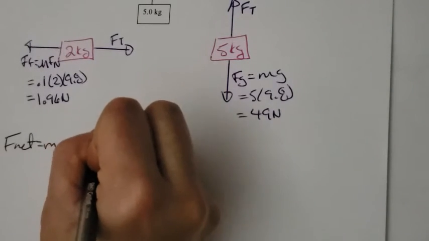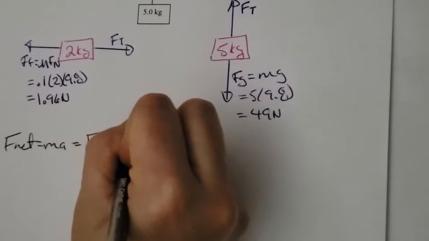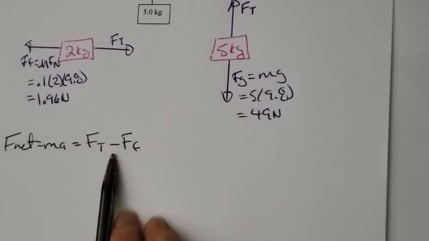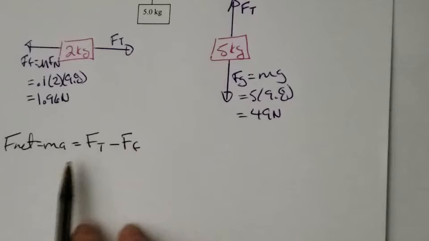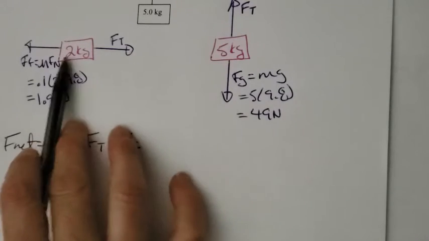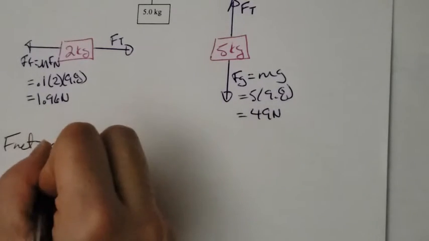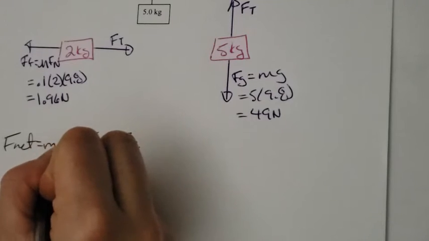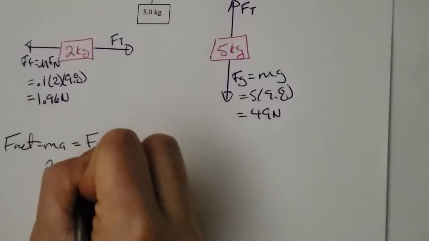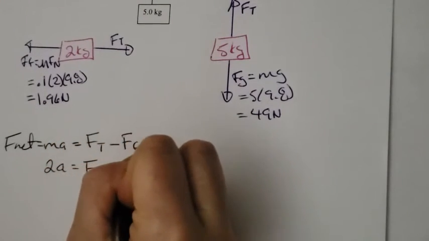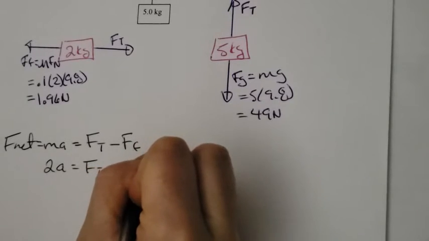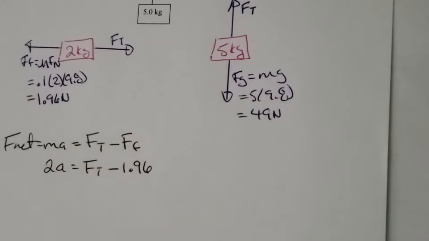So I'm going to write down the force of tension minus the force of friction. The minus is because they're in opposite directions. This one's going to the right, this one's going to the left. And we'll plug in what we know. So the mass is 2a is equal to the force of tension minus the force of friction, which is 1.96.